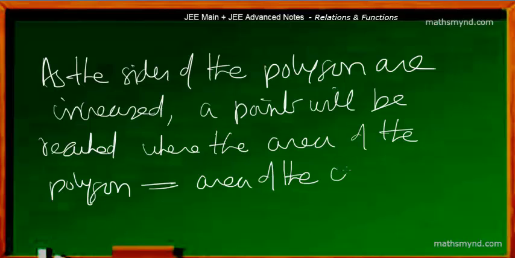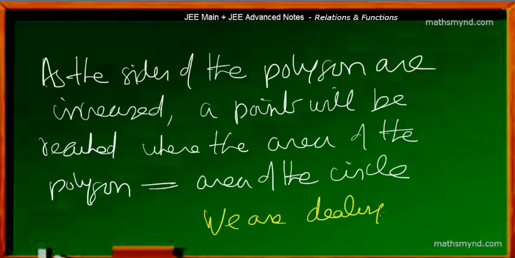What does this mean? It simply means that we are not dealing with a polygon, because if the area of the polygon should be equal to the area of the circle, then it simply means that instead of a polygon, we are dealing with a circle.